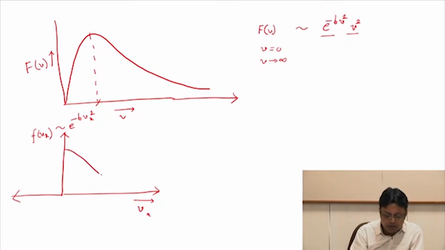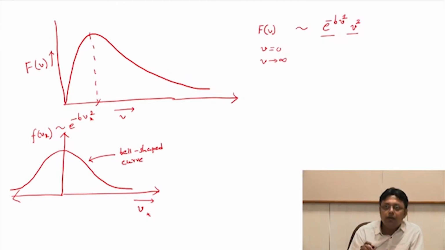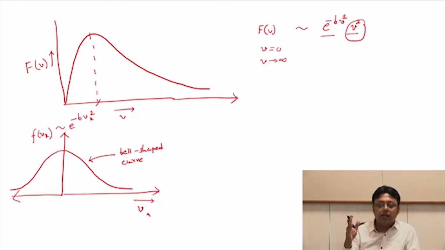That function is known as a Gaussian function, or a bell-shaped curve. And here note the striking difference: I'm getting this v squared term because this is a speed distribution, which does not have any preferential direction. So that is actually changing the entire thing.